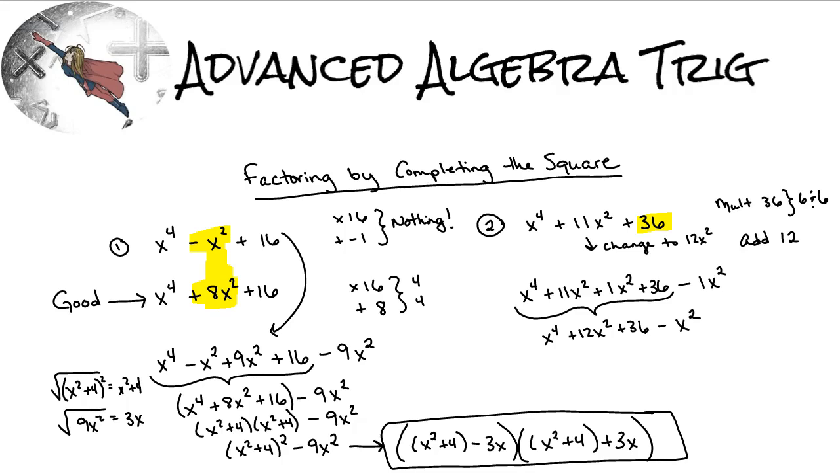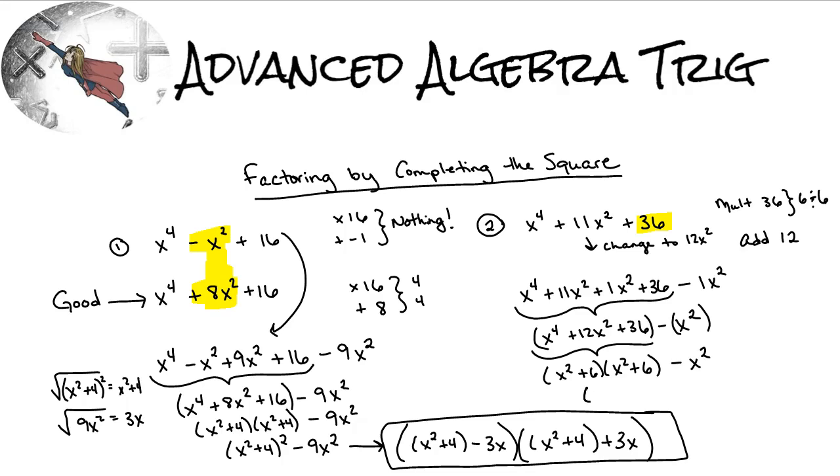Okay, and then from here it's like before where you would group. Grouping 3 and 1 would work really well. These 3 factor into x squared plus 6 times x squared plus 6. And then you still have the minus x squared.